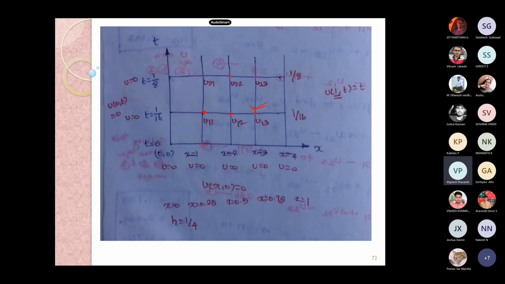Minus u22 plus 4u23 is equal to minus 1 by 8 plus u12 plus 1 by 16, sir.